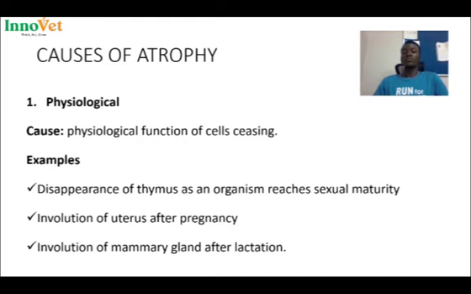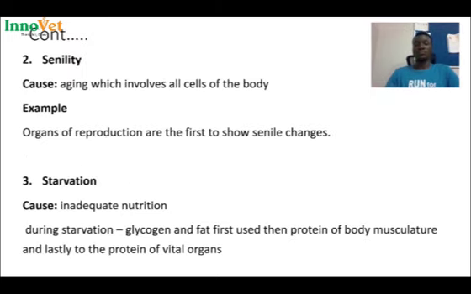After the animal gives birth, usually the uterus goes back to the norm. And then also the mammary glands after lactation. Before, when the animal has just produced, the mammary gland will be so big, but after the lactation period has elapsed, the mammary glands go back to normal or shrink. That is due to atrophy.